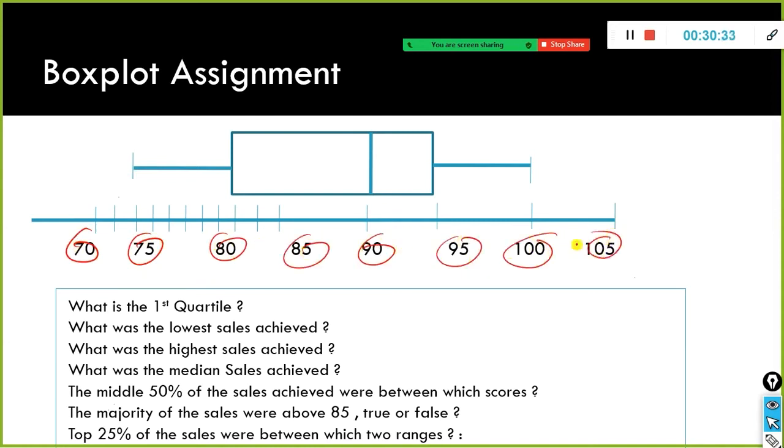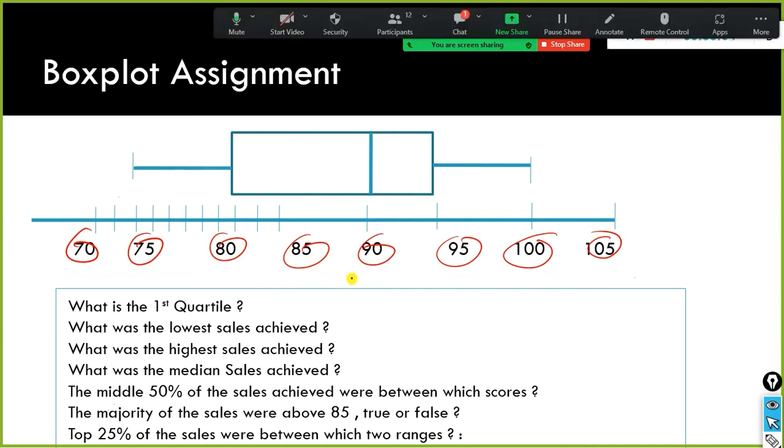So here we have 3, 6, 7, 8, right? What is the first quartile here? What is the median here? Can someone tell me quickly?